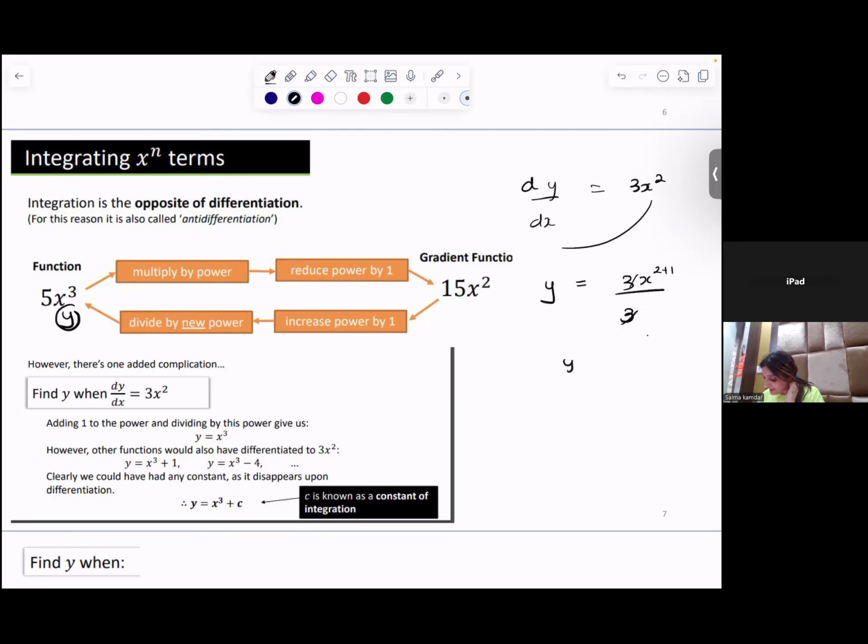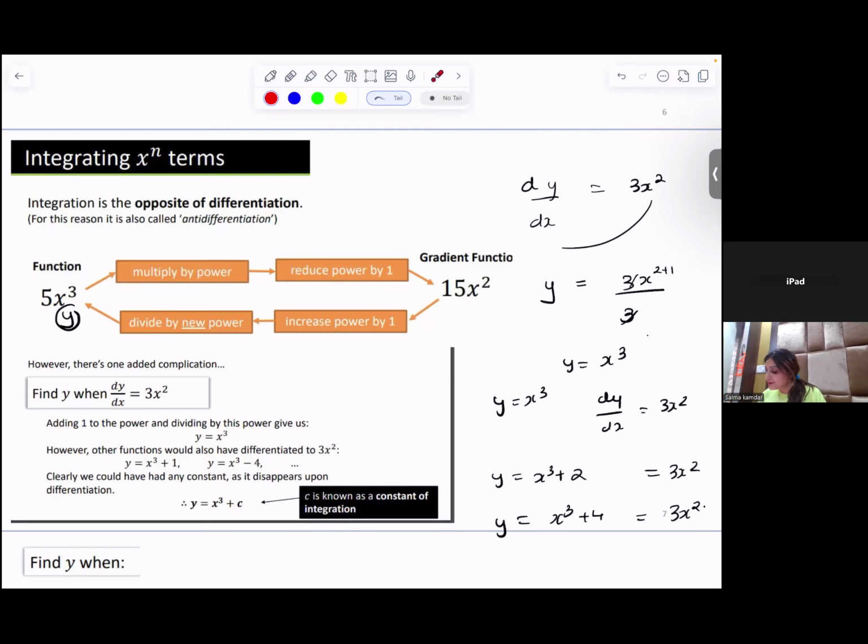So this is going to become x cubed. But the issue is that when I take the derivative of x cubed, I get 3x squared. But even the derivative of x cubed plus 2 is still going to give me 3x squared. Even the derivative of x cubed plus 4 is still going to give me 3x squared.